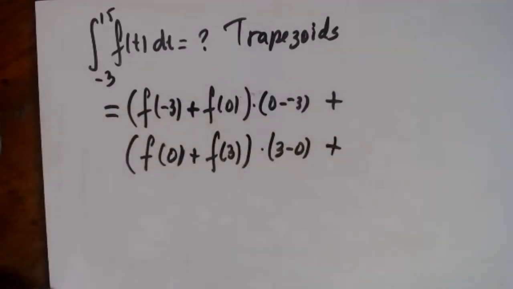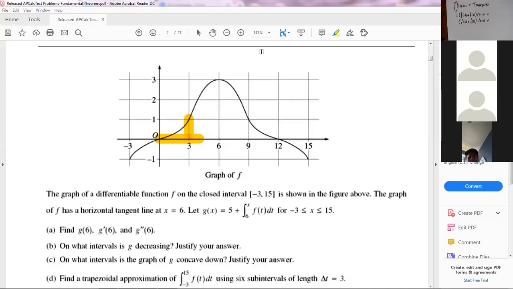What is the next trapezoid? Following the same idea, it's going to be this base, then this height, and this height. So this is the trapezoid, like right here.